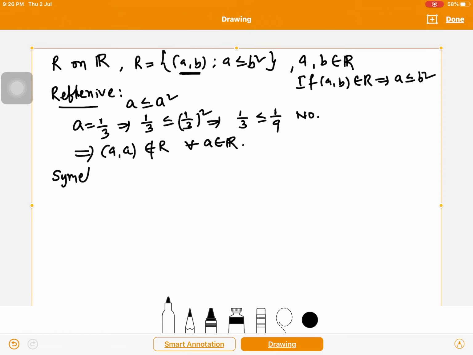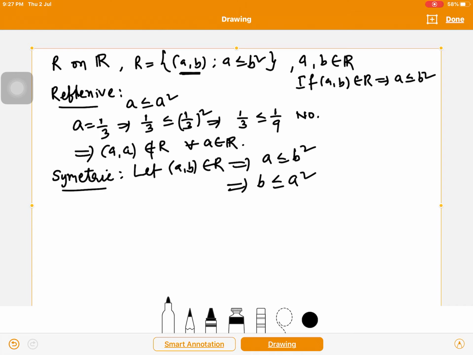Symmetric. Do one thing. Let (a, b) belong to R. This implies, according to the condition, that a is less than or equal to b square. Now we have to search for the reverse combination. Can we prove that b is less than or equal to a square?